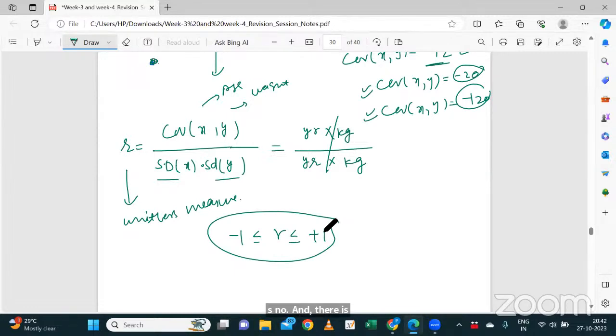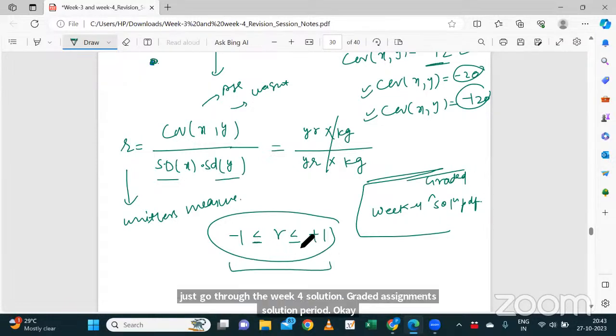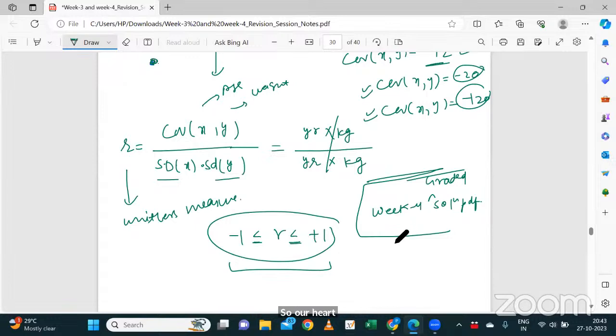So if you go with the week 4 graded assignment solution PDF. Can r take the value -1 or +1, or is it only between both? It can take them, the equality sign is there.